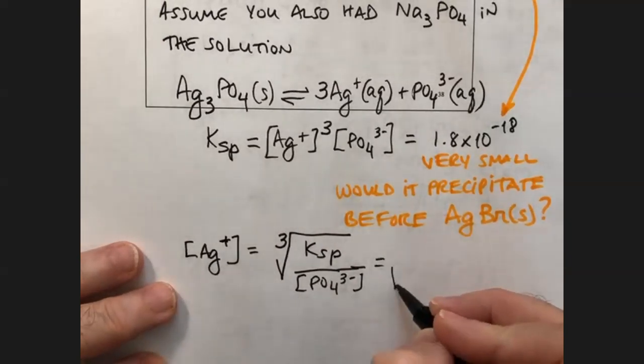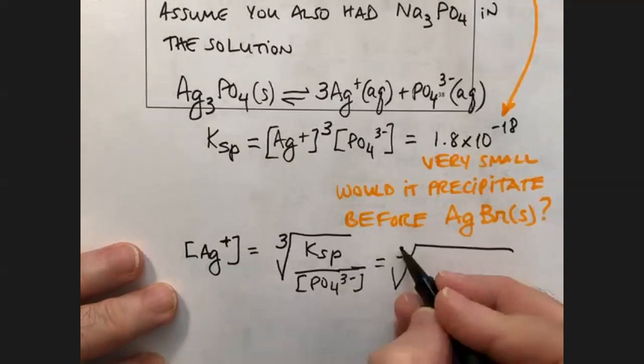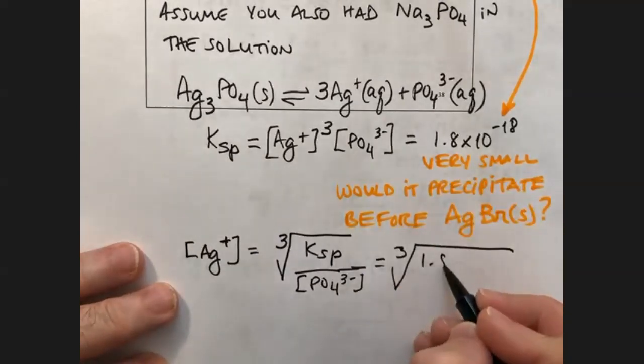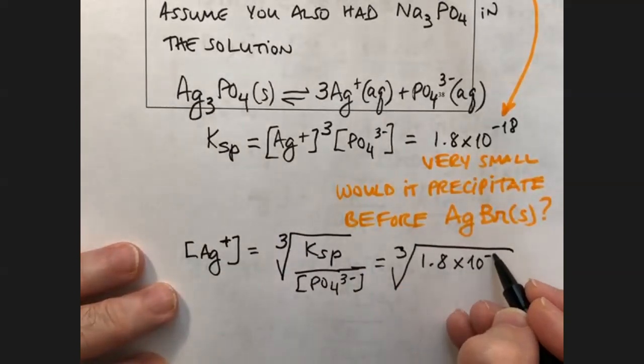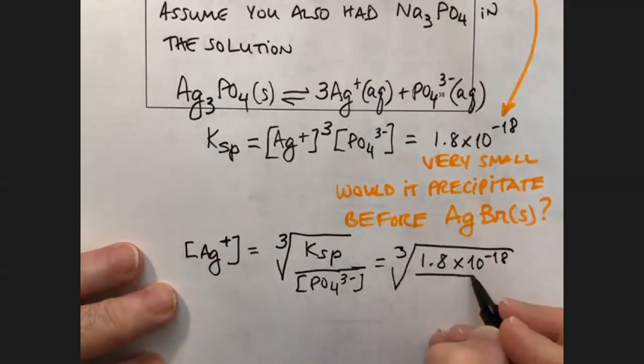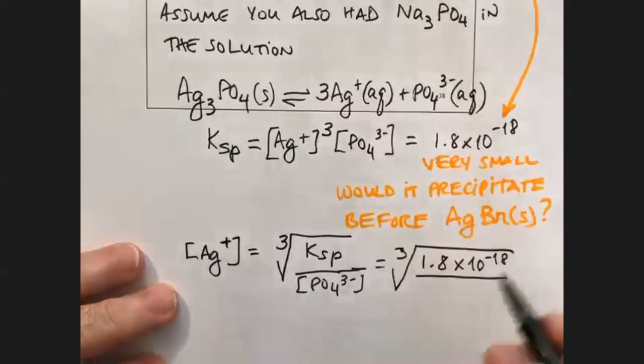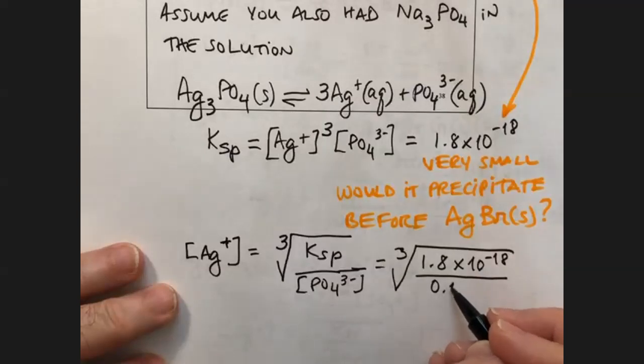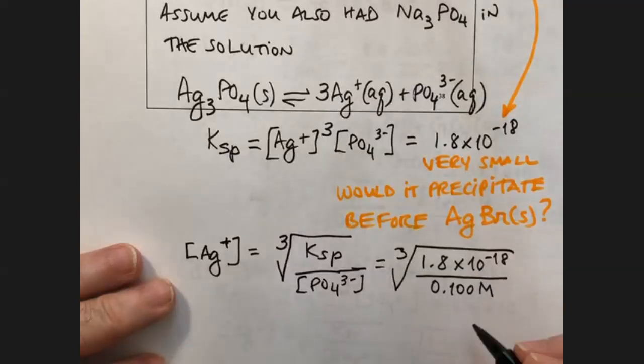So that would be the cubic root of 1.8 times 10 to the minus 18 divided by, let's assume that it was the same molarity as the other guys that we had in there, 0.100 molar, right?